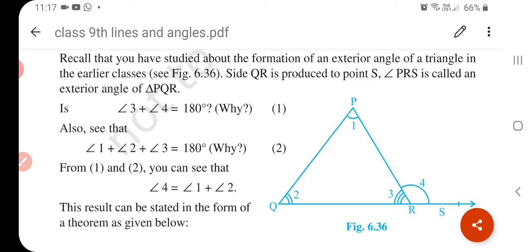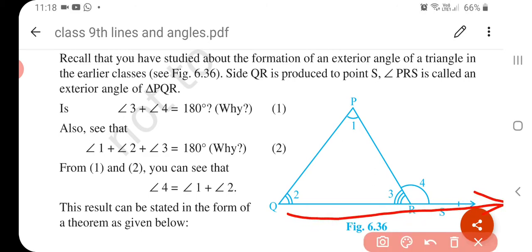Produce the side QR to a point S. We can produce QR to the point S.